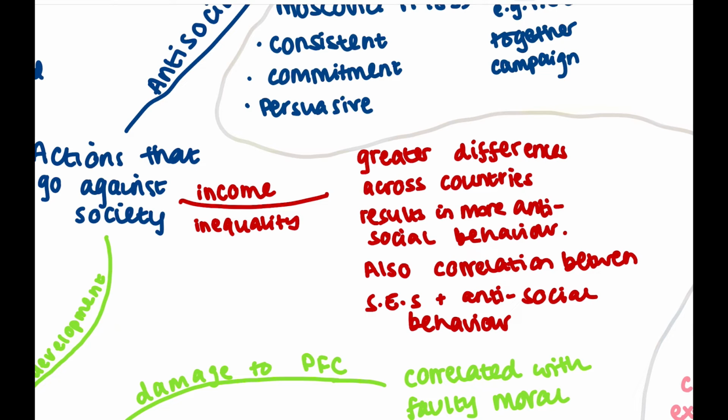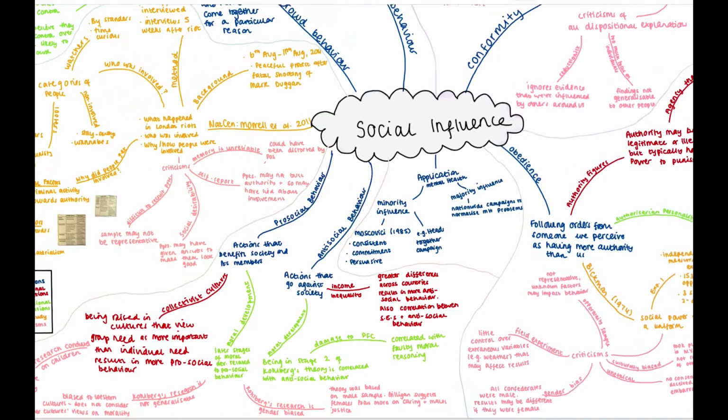Additionally, people with lower socioeconomic status tend to show more antisocial behaviour again. Now notice how these are still correlations. We cannot say for definite that being of low socioeconomic status or being in a country that shows great income inequality definitely causes antisocial behaviour, but it is linked with more antisocial behaviour.